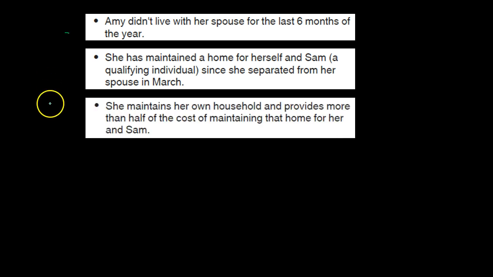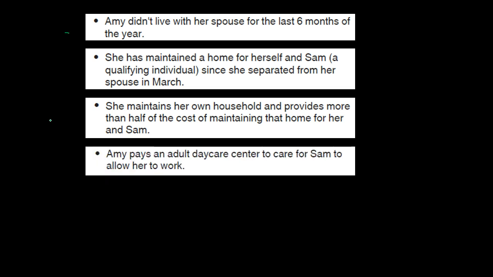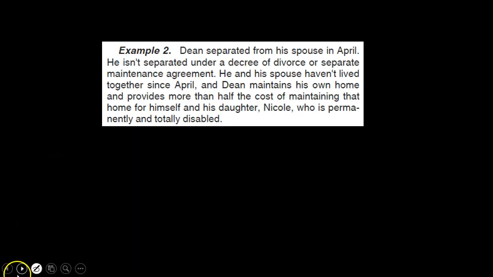She has maintained a home for herself and Sam, a qualifying individual, since she separated from her spouse in March, and she provides more than half of the cost of maintaining that home for her and Sam. Amy pays an adult daycare center to take care of Sam to allow her to work. So that's, of course, the expenses we're thinking about for this credit.